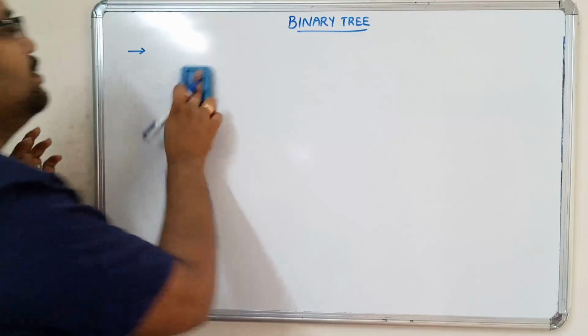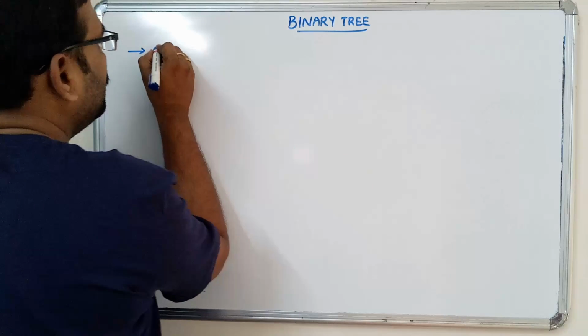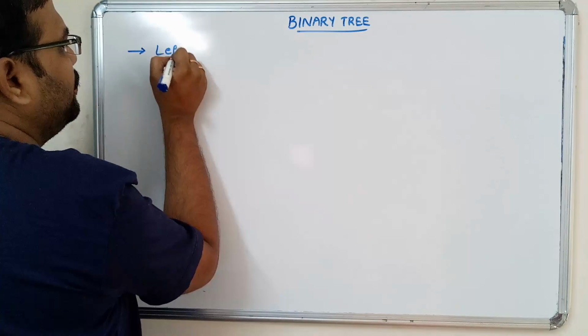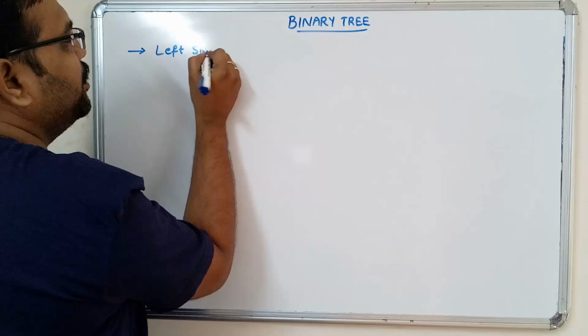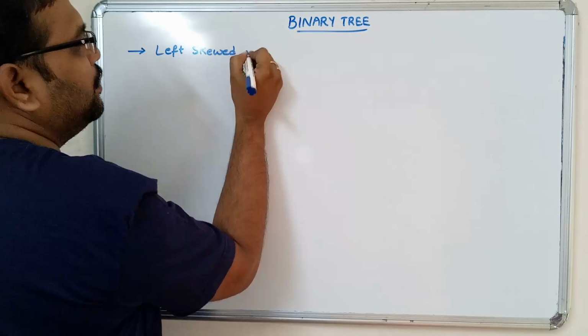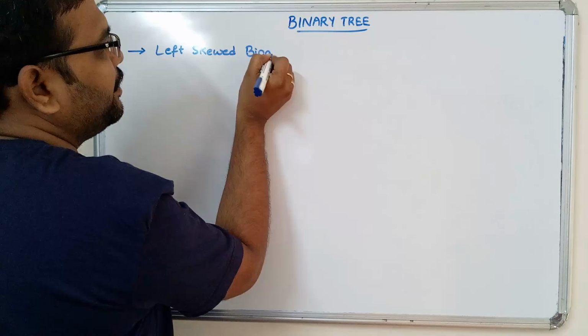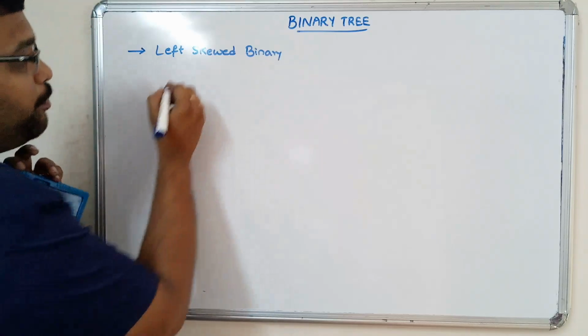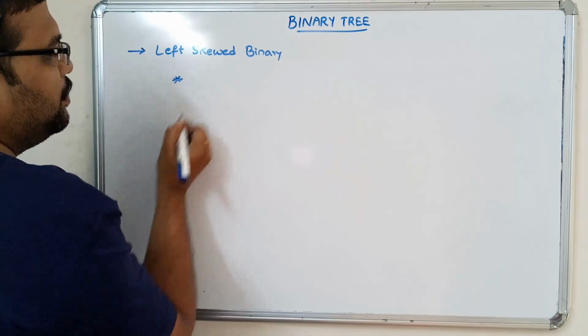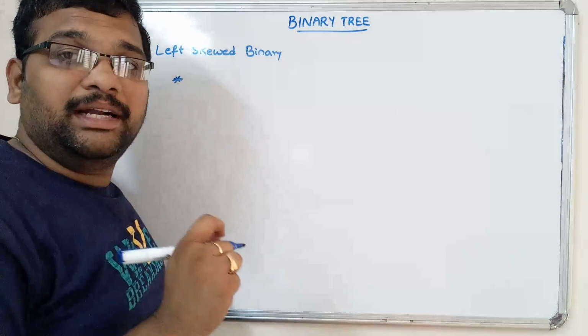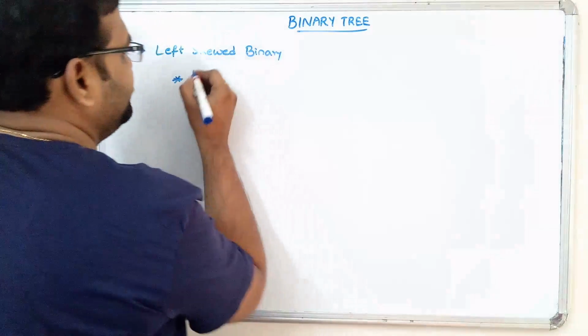Next one is the left skewed binary tree. Left skewed binary tree means a tree should contain only the left children.